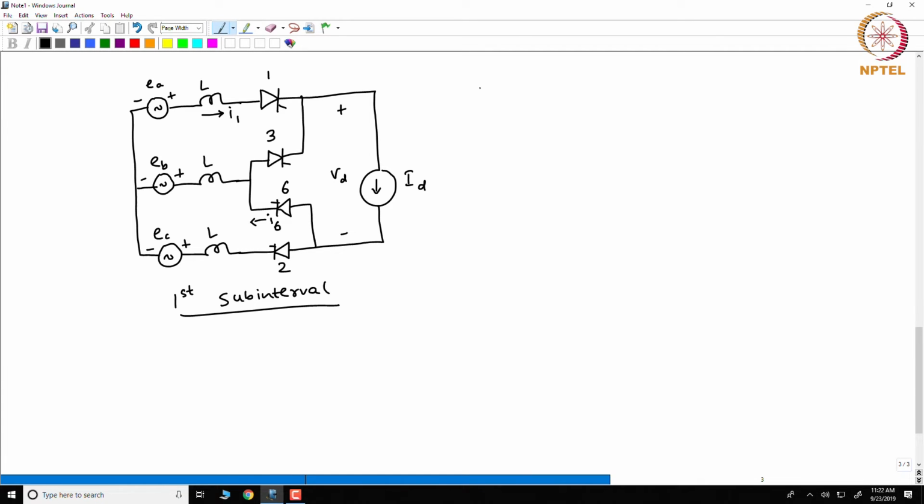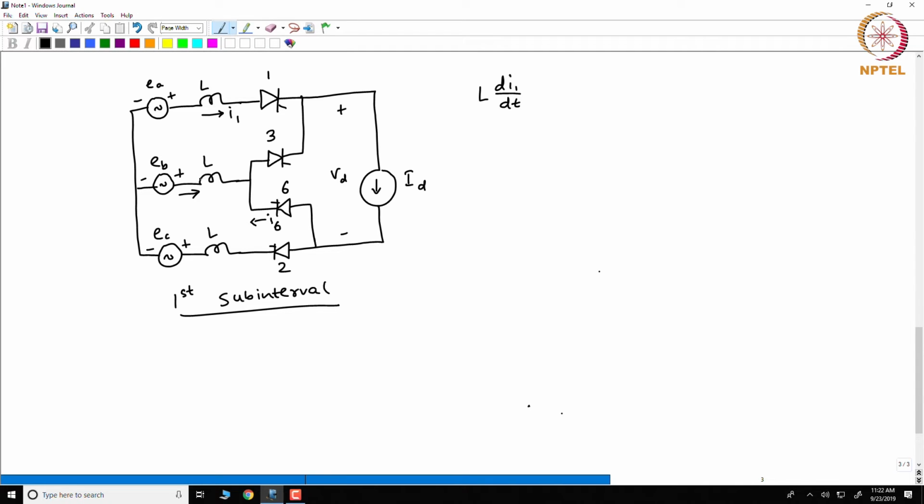So what are the equations? If I apply Kirchhoff's law, L dI1/dt. So what is this current? The current which is flowing through or leaving EB from the positive terminal.